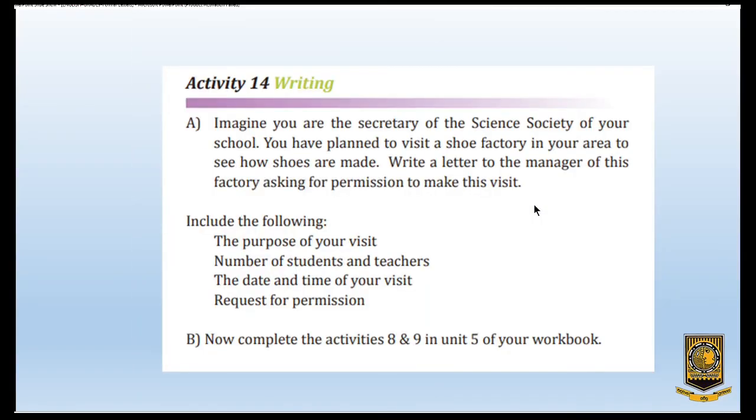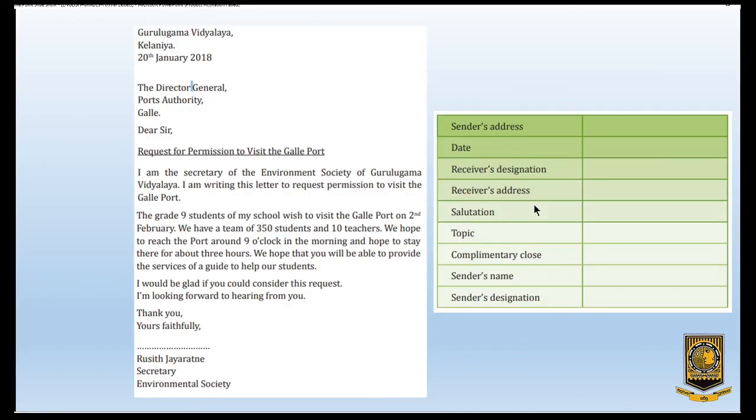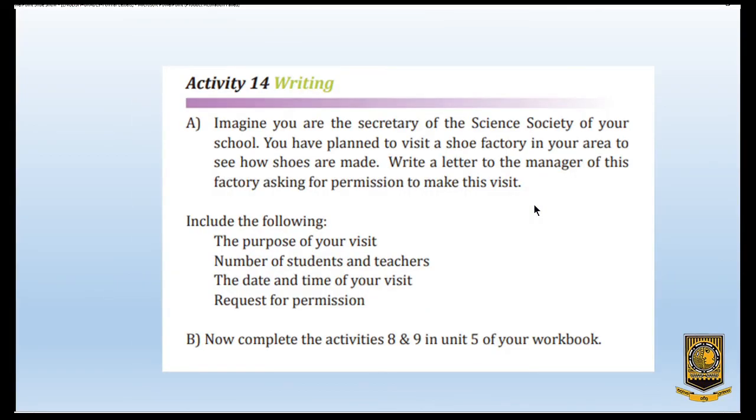Finally, on page 58, in activity 14, they have asked you to write a letter with the guidelines I have supplied you, and with the help of the letter they have given you here, you can do this one.